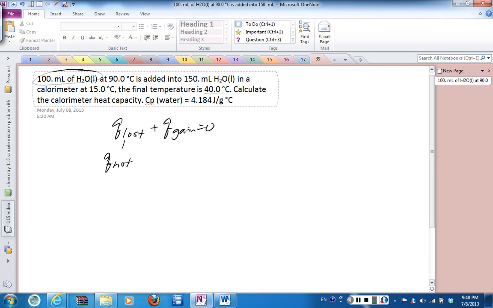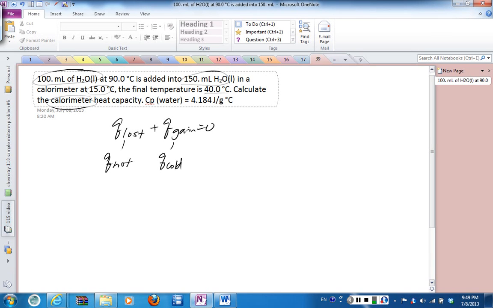Now, who's gaining? No doubt, the 150 milliliter cold water will be absorbing heat. But is it the only object that's absorbing the heat that's released by hot water? Well, there is the calorimeter.